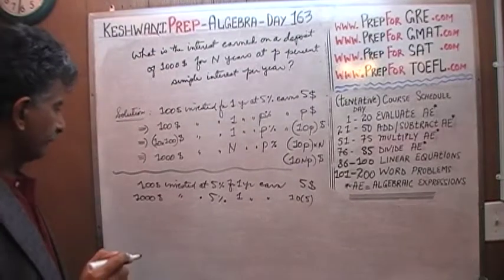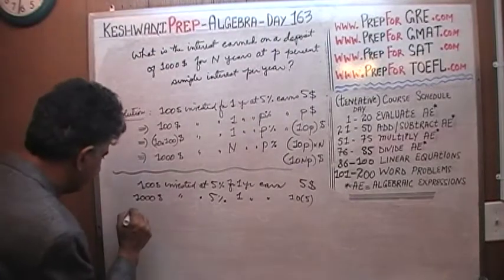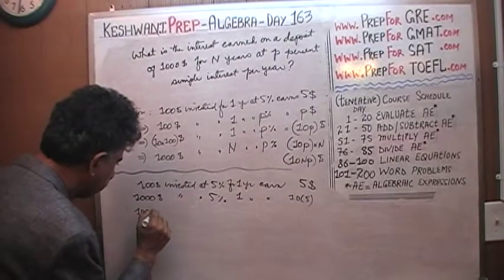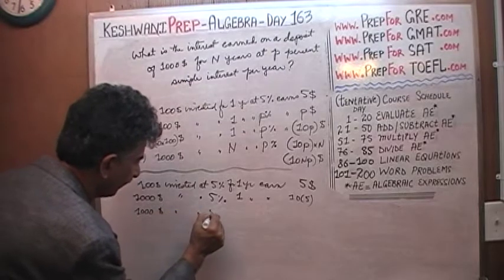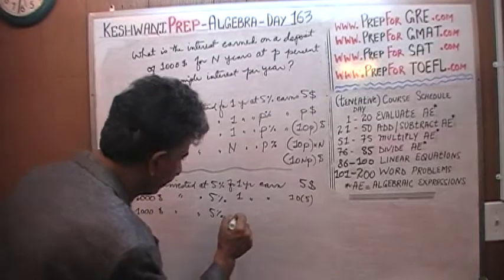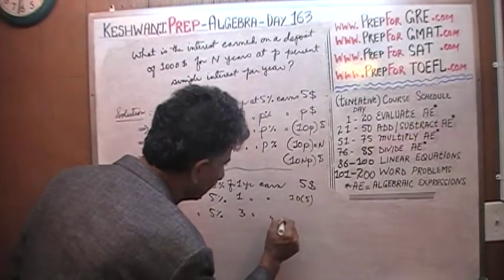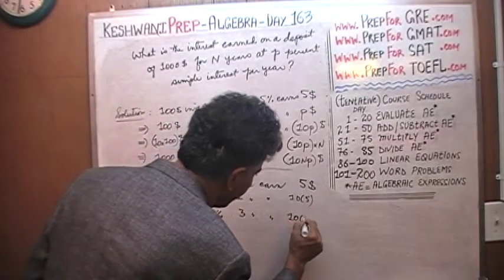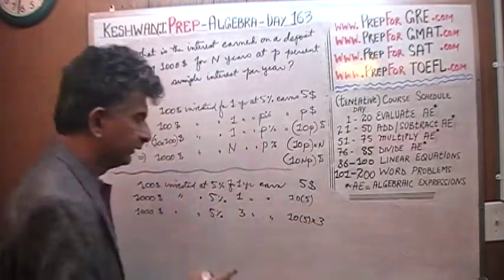Similarly, $1,000 invested at 5% for, let's say, 3 years will earn 3 times that amount of money.